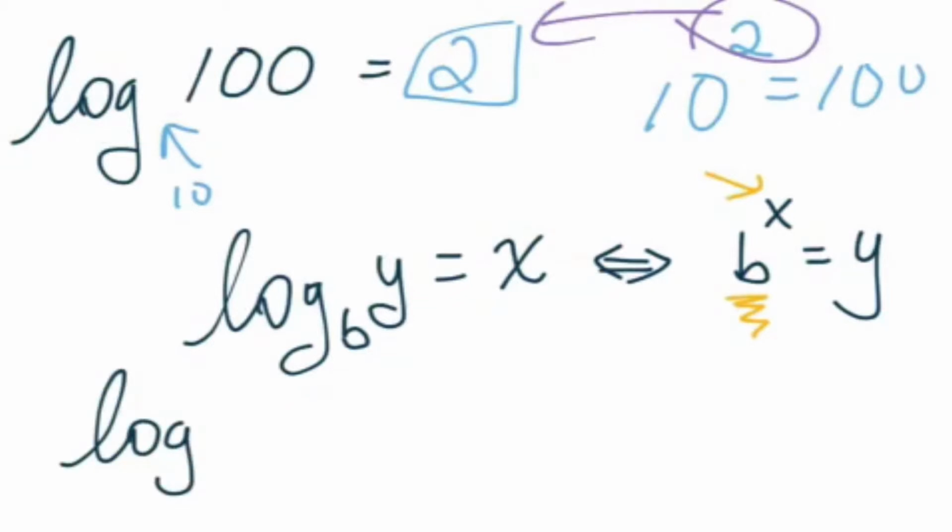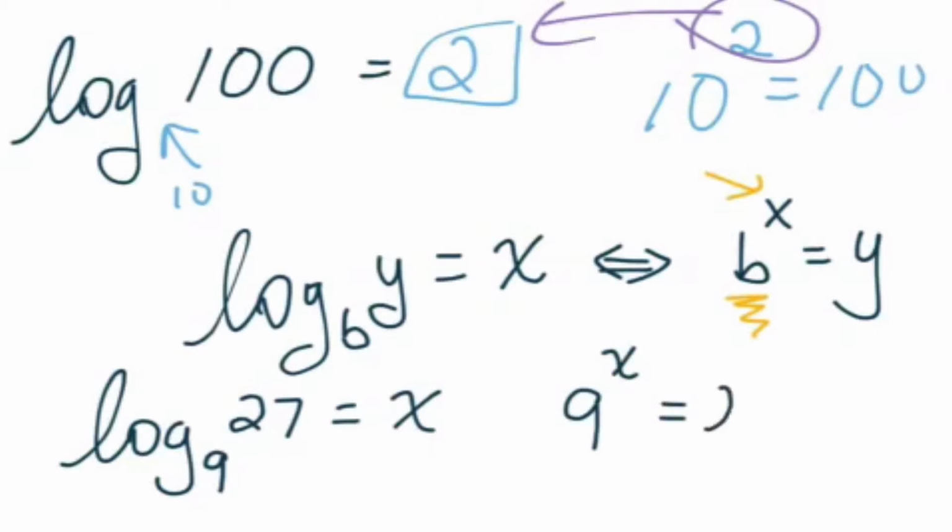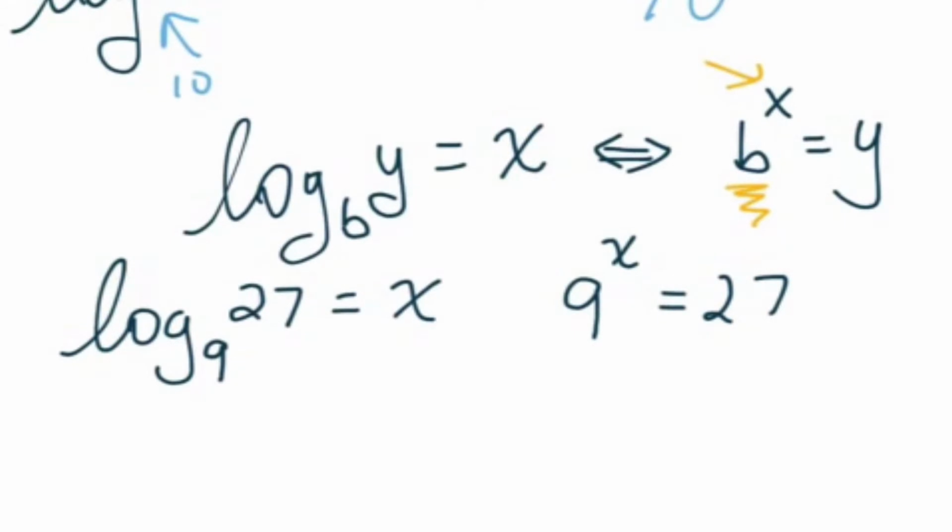So if I have the log of 27 base 9, I'm thinking to myself, hey, 9 to what power gives me 27? Now this one you might have to think a little more about, because 9 and 27 don't have common bases yet.